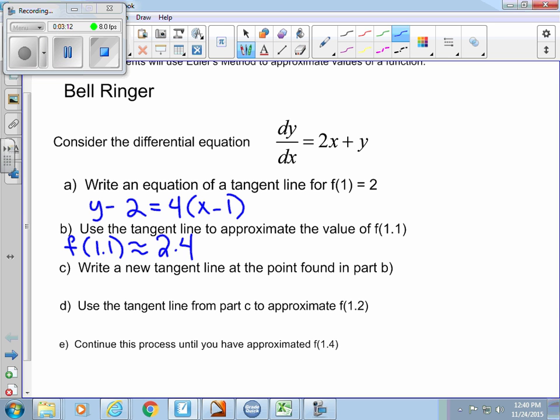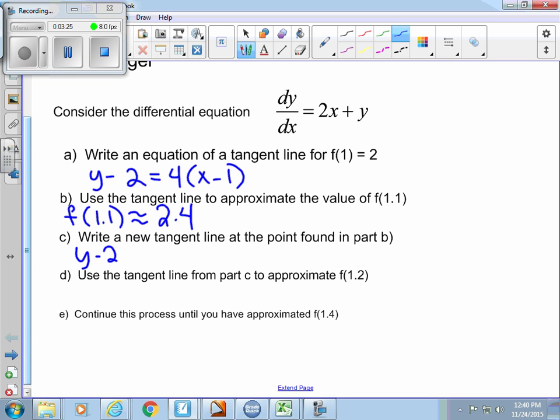Write a new tangent line at the point you found in part B. Can I do that? Sure. y minus 2.4 equals, what is that? 2.2 plus 2.4, which is 4.6. Is that right? I'll check it out at 4.6.